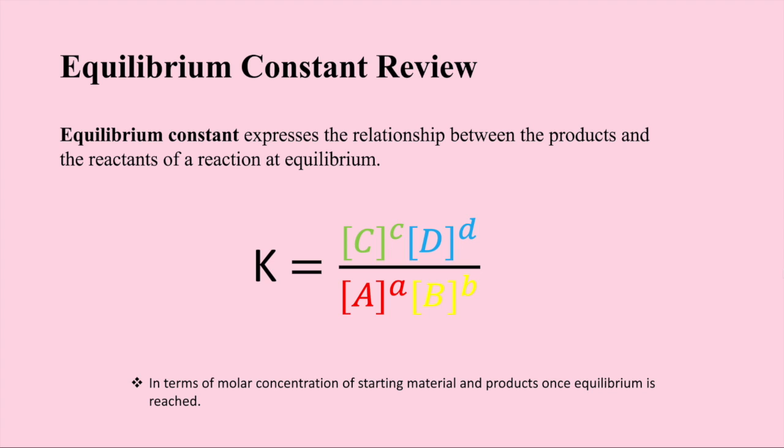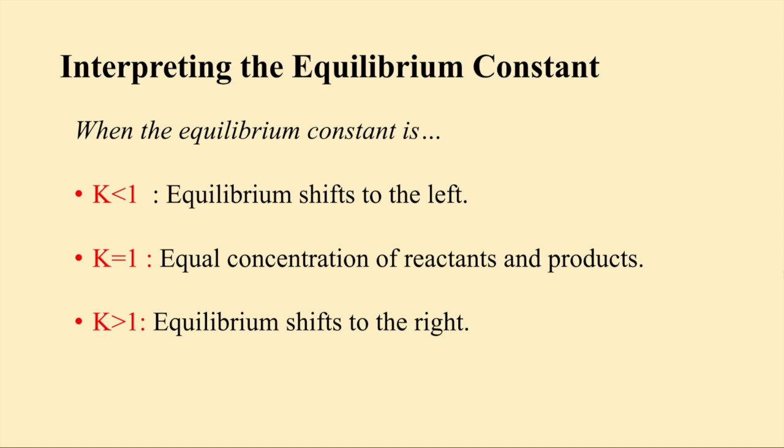In order to express this value numerically, one must take the concentration of each of the products, multiply them by each other, and raise the concentrations to the mole ratio or coefficient. Then you divide this by the concentration of each reactant, multiplied by each other, raised to the power of the mole ratios or coefficients. So you may be wondering, what does the equilibrium constant mean?